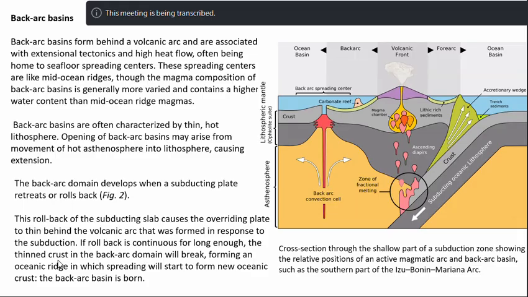So prominent examples are the Mariana Trough, and the Sea of Japan, like I said earlier, is formed by this kind of rifting, where you have a back arc basin forming behind the volcanic arc due to the subduction taking place.